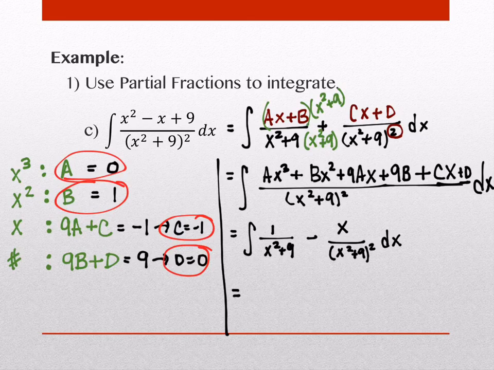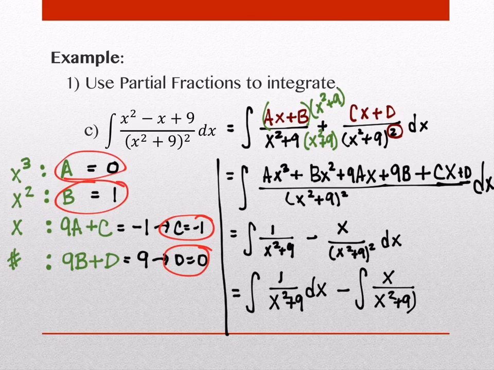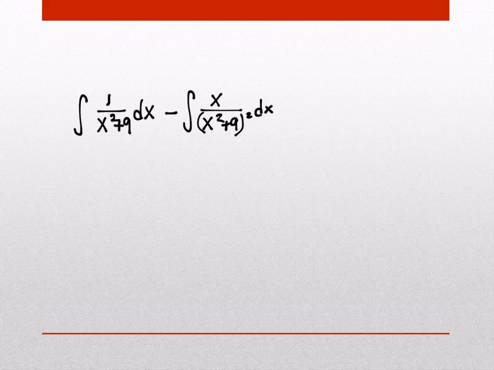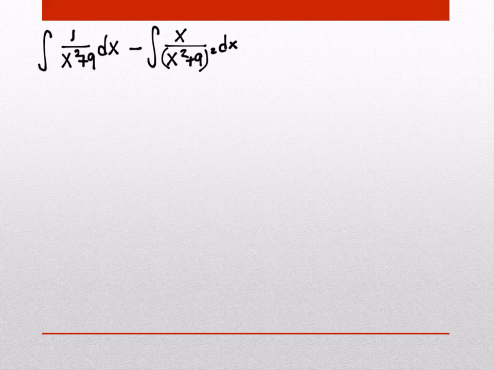So let me do the first piece and the second piece separately. So we have the integral of 1 over x squared plus 9 dx. This one's going to be the arctangent piece. This one's minus an x over the x squared plus 9 quantity squared. This one's going to be a u substitution. Okay, so arctangent.